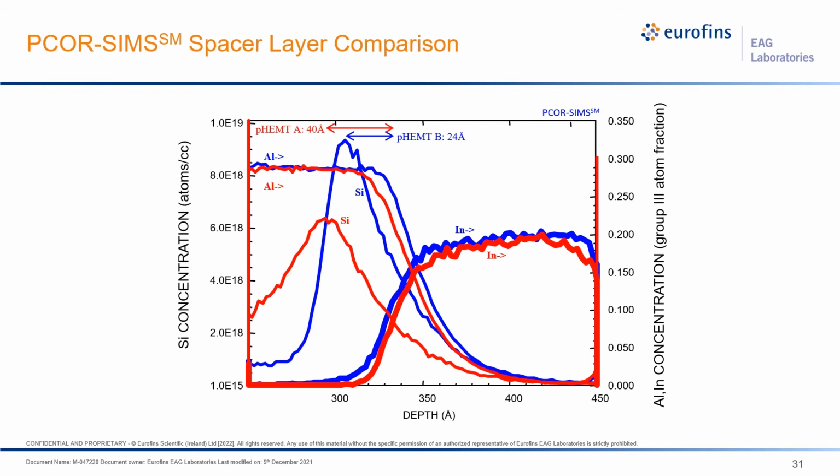And we need to confirm that this difference in spacer is actually proportional to the mobility of the transistor. We're looking at a set of pHEMT structures having different spacer thicknesses. pHEMT A has a 4 nanometer spacer from the peak to the InGaAs interface, whereas pHEMT B has only 2.5 nanometers to that interface.